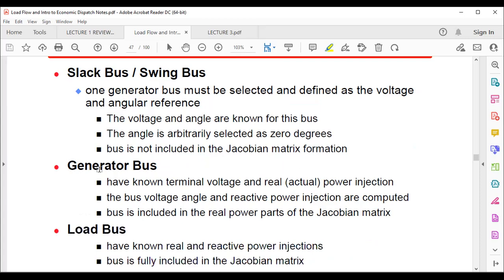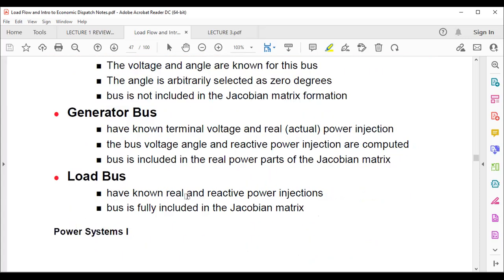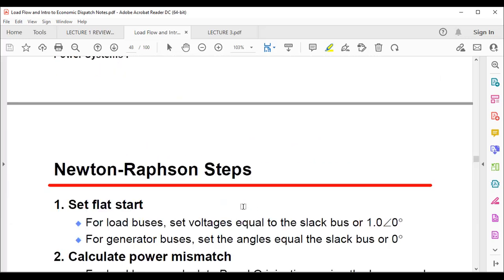Then we have generator buses, where the voltage and power are known, but the voltage angle and reactive power are not known. For this bus, we only include the real part in the Jacobian matrix. And then we have the load bus, where the real and reactive power are known, and this bus is fully included in the Jacobian. I'll be showing you the difference of what that means.